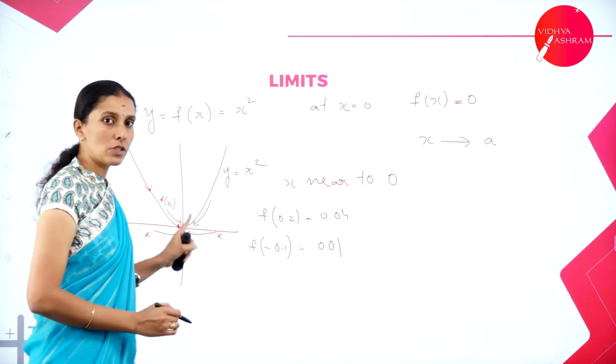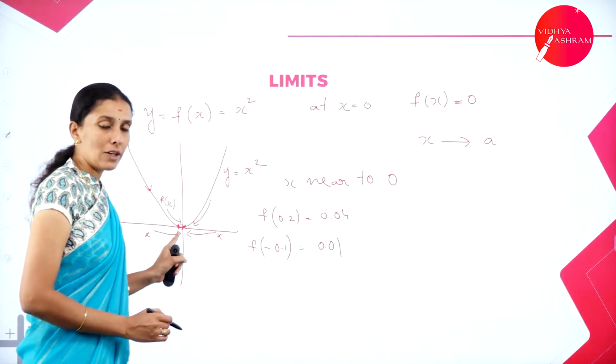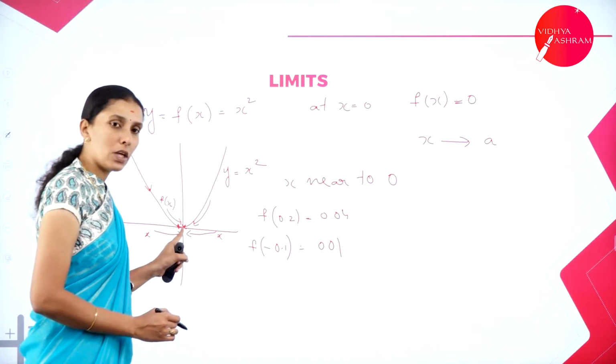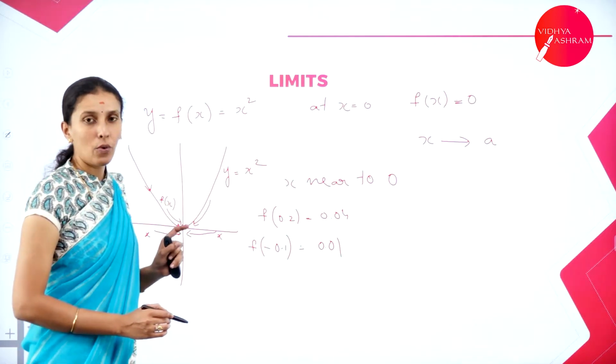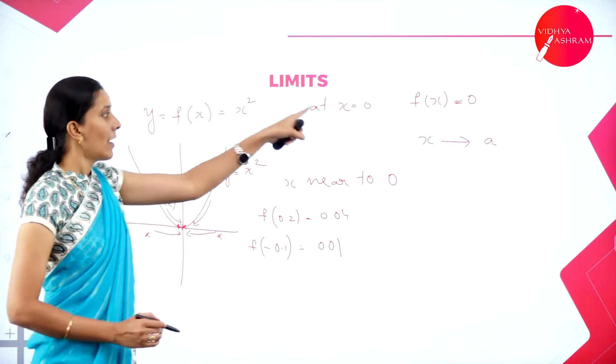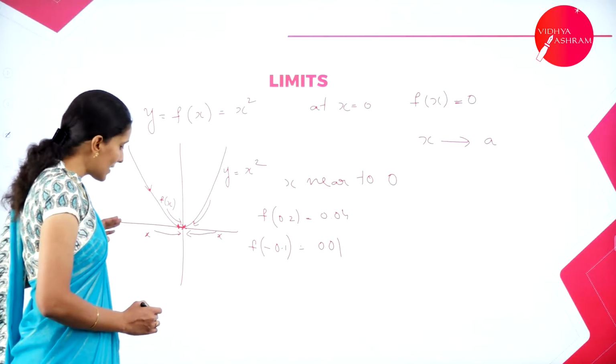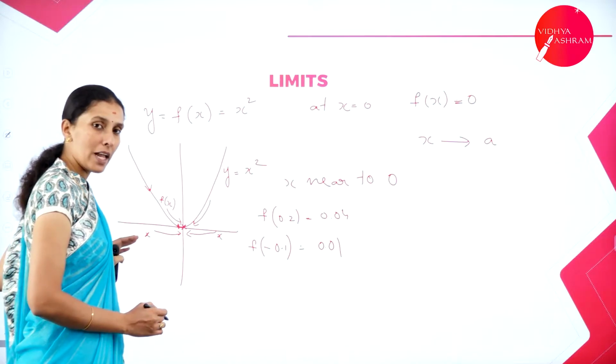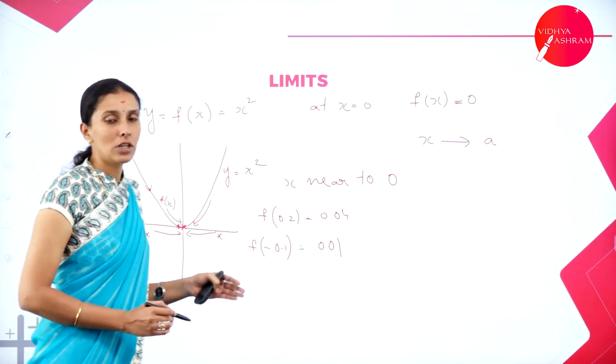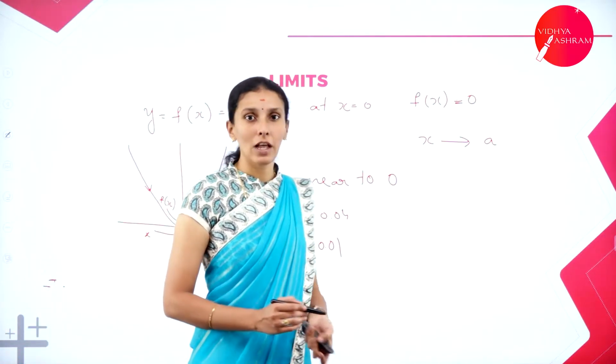As x approaches 0, the functional value or the limiting value is always equal to the functional value f of x. As I take at x is equal to 0, f of x is 0, and as x reaches 0, that is very close to 0, the limiting value is the same as the functional value.